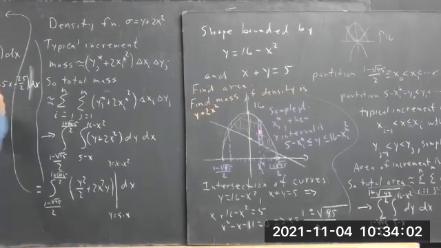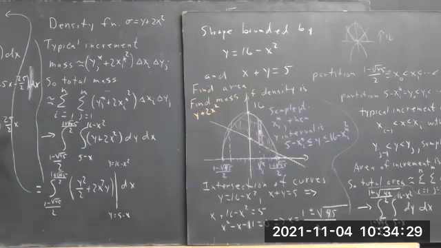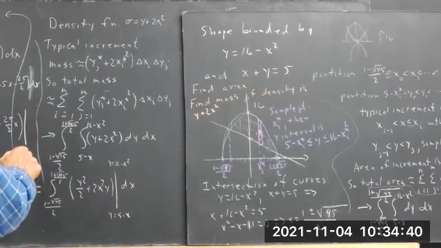X cubed over 3 is going to give us 73 over 6 x squared. 5x is going to give us 5/2 x squared. That's 3x cubed, 5/2 x squared, minus 25 halves x. I'm going to go ahead and show off and show that I can integrate a constant, since I showed that before.